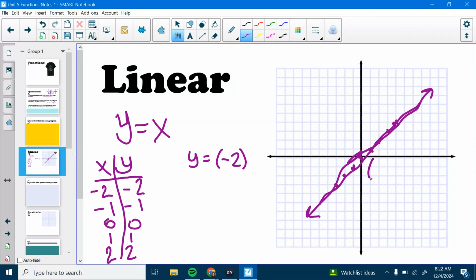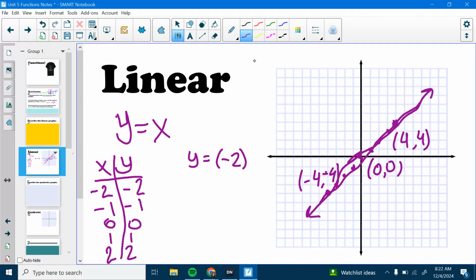And some key points to note, we always go through that point 0, 0. When we're up in this range, I have a +4, +4. When I'm down in my negative values, I have -4, -4. Okay, so those are some key points to point out, that it's always the same number and the same sign.